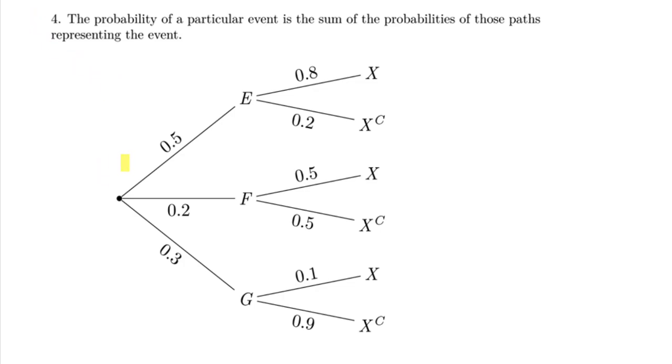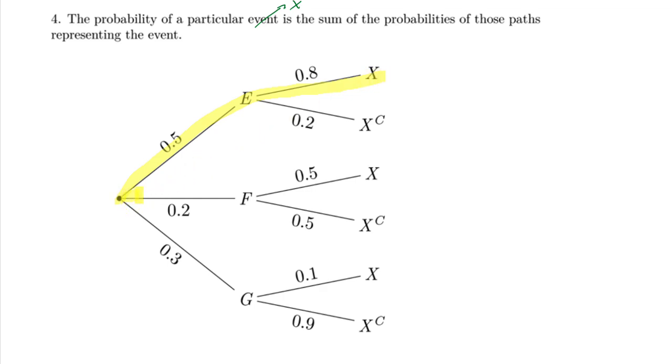The probability of a particular event, let's say I'm talking about X. So the probability of X happening is the sum of the probabilities of the paths that represent X. So let's highlight the paths that represent X. Well, we can have X by having E first.